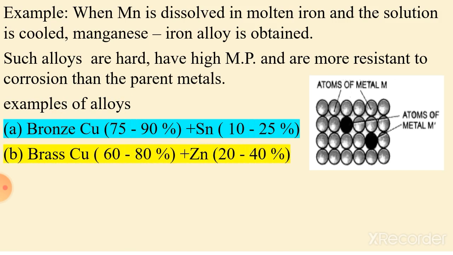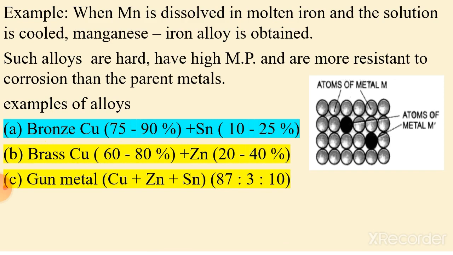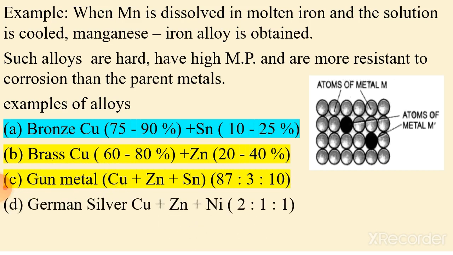Brass is made up of copper and zinc. Gunmetal is made up of copper, zinc and tin, having the percentage ratio 87:3:10. German silver is copper plus zinc plus nickel, having the ratio 2:1:1.